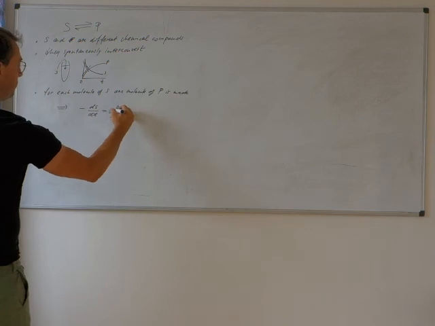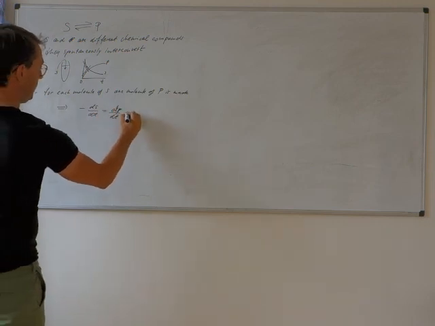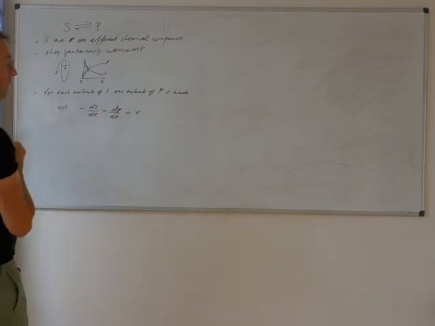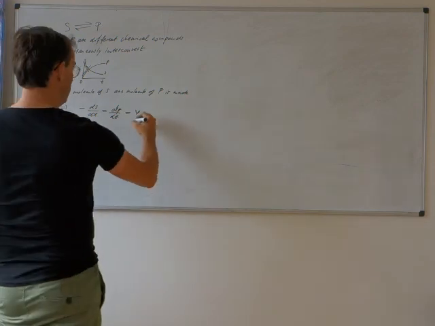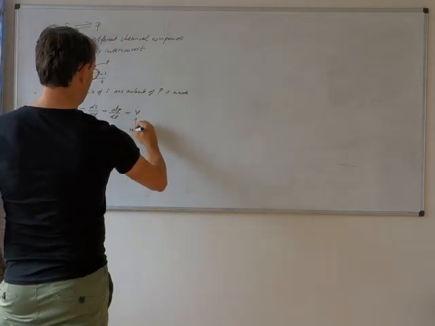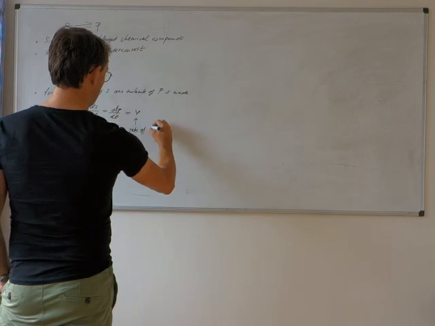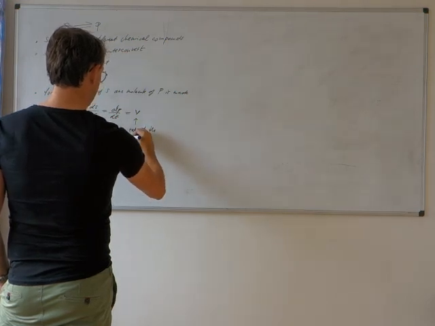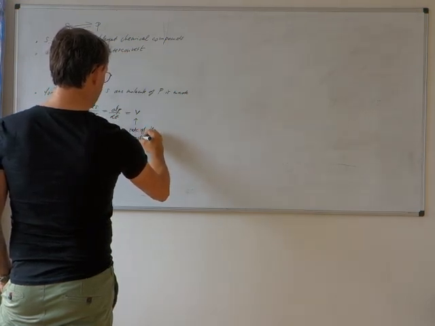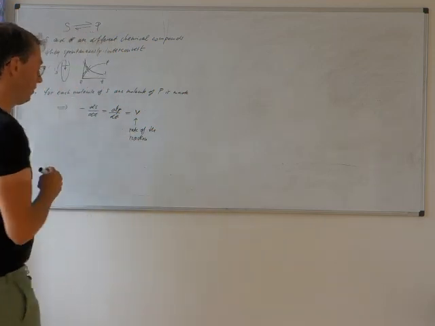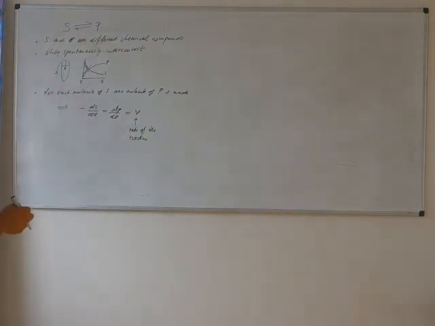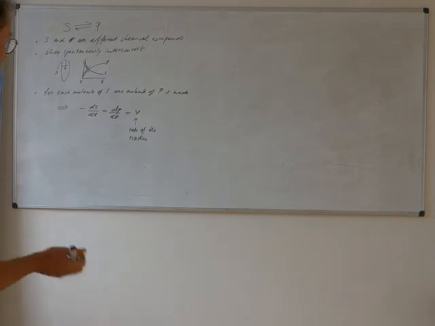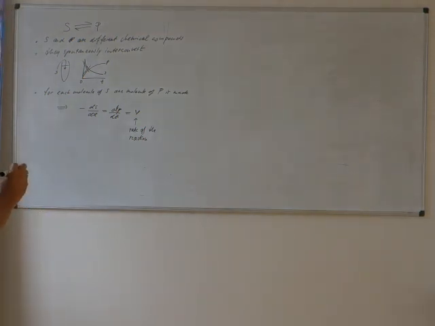The value of the loss of S and the gain in P is going to be called V, and that's the rate of the reaction. The rate of the reaction just tells you how many molecules of S you lose, or alternatively how many molecules of P you gain per unit time.